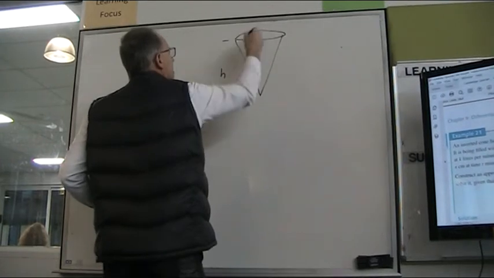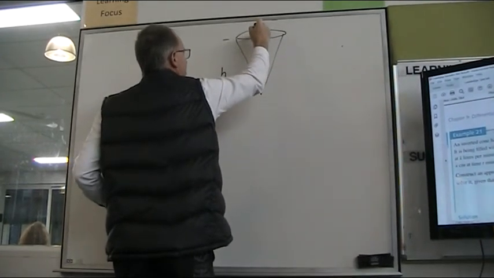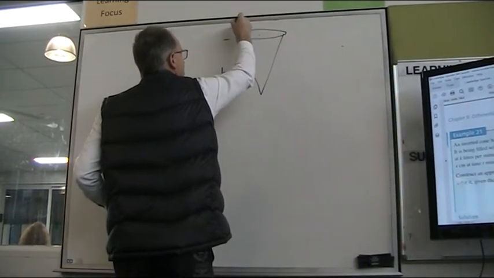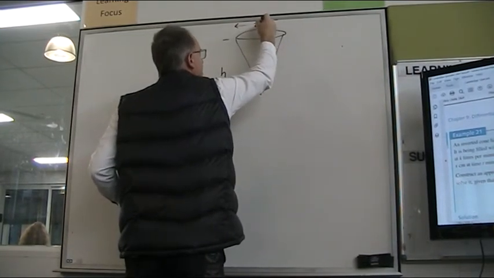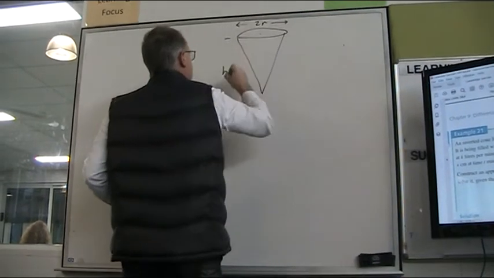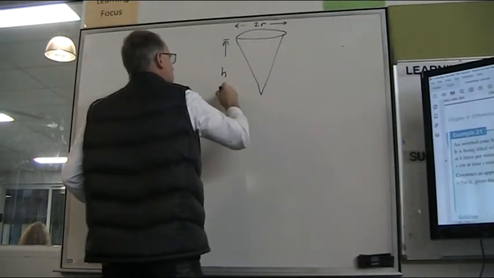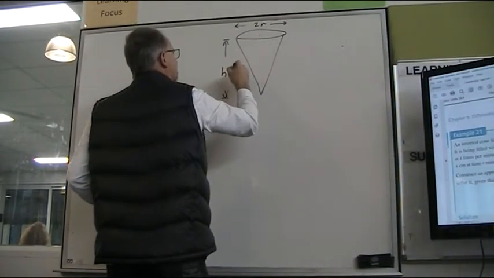Height h, radius is r, so if the radius is r, then the whole way across here is 2r. And they're in centimetres, all of them.